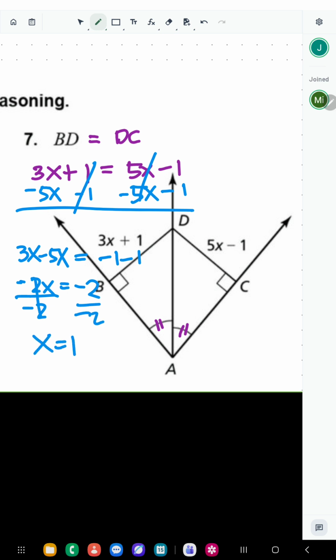So x is equal to 1. Therefore, BD is equal to 3x plus 1, which is 3 times 1 plus 1, or 4. So BD is equal to 4. Right.